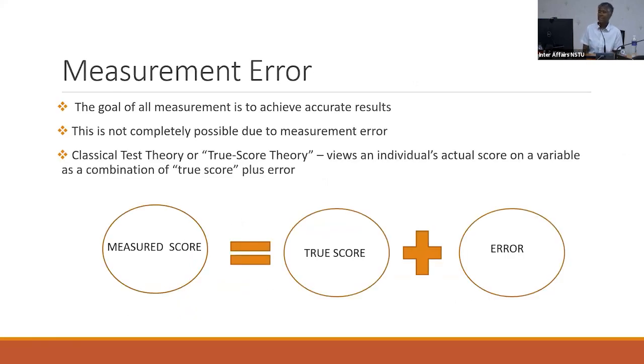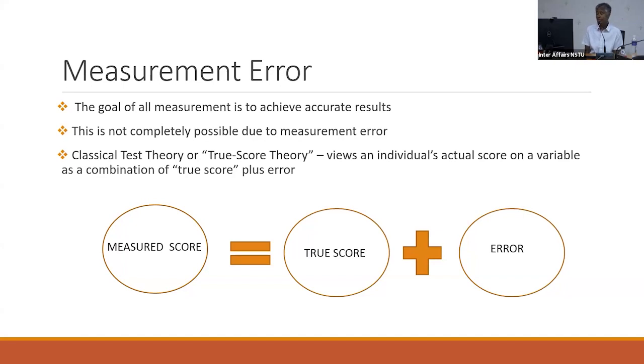The second issue when we think about measurement relates to measurement error. The goal of measurement is to achieve accurate results, but every measurement that we take has some level of error.